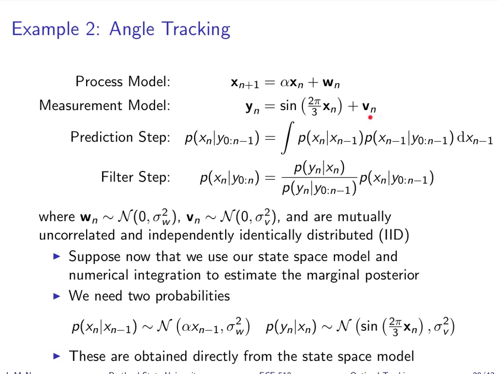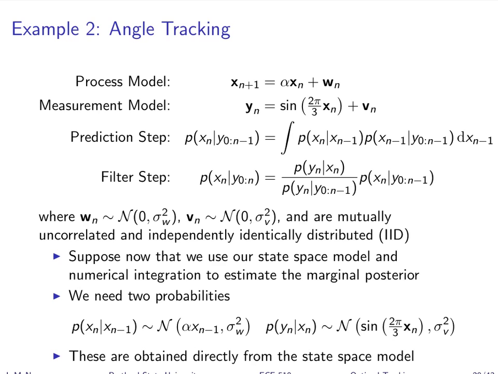There's this additive measurement noise. But the state that we're trying to track is an angle in this case. And I've got prior knowledge that angle, I don't know what it is, but I know on average it's 0, because the expected value of x of n is 0 if alpha is less than 1. So I know its expected value is 0, and I know it changes slowly over time. That's essentially what this model conveys.